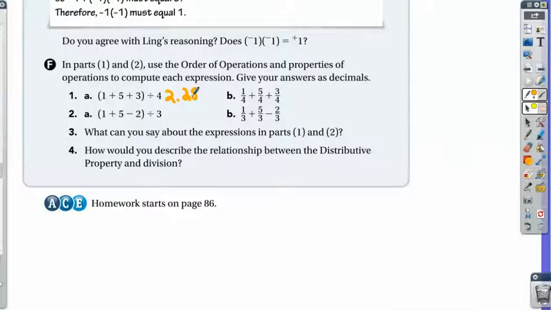So you've got 1/4 plus 5/4 plus 3/4, which is really just 1 plus 5 plus 3 divided by 4. So you add these top ones up, you get 9/4, or 9 divided by 4 again, and you get 2.25, or 2 1/4.